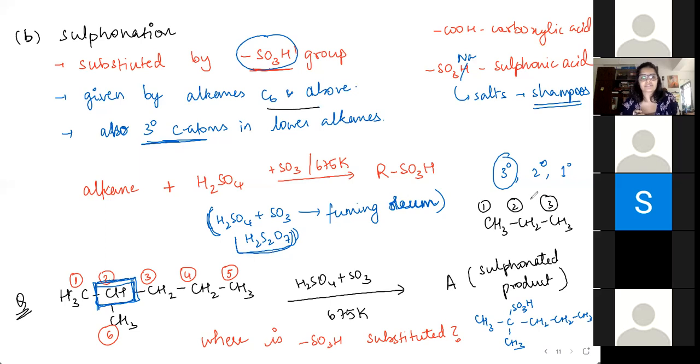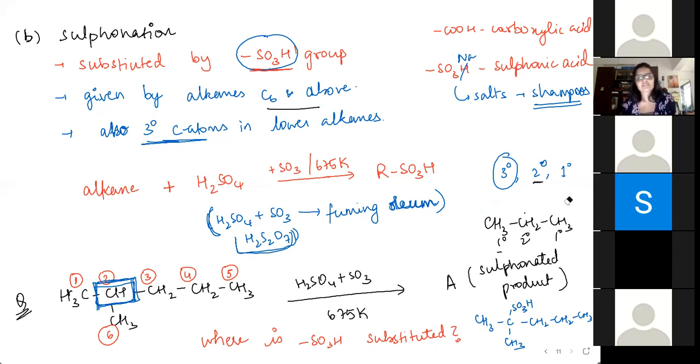Yeah. On the second one. There you go. So here the only option you have is either the primary carbons or the secondary carbon. Between these, the secondary carbocation is most stable, so that will be the more reactive place. This is where your substitution happens.